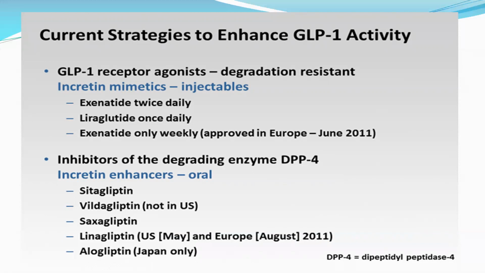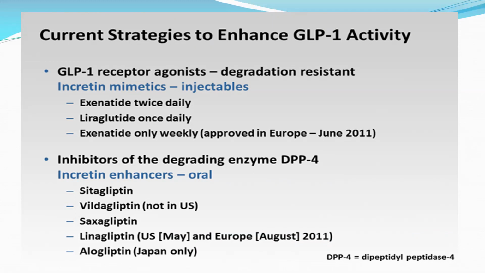The first approach is to synthesize compounds that inhibit the enzyme which degrades glucagon-like peptide. So we have a group of medications called the inhibitors of the degrading enzyme, or dipeptidyl peptidase inhibitors. This will maintain the glucagon-like peptide. Or I can use a synthetic agent acting on the receptors of glucagon-like peptide.